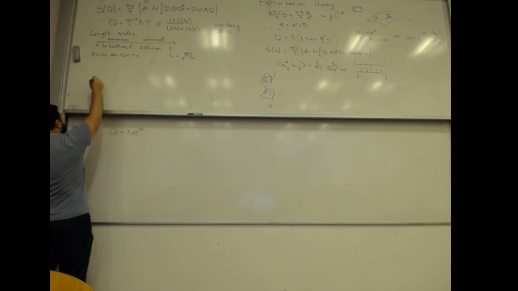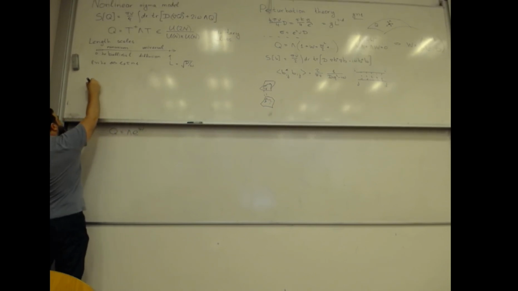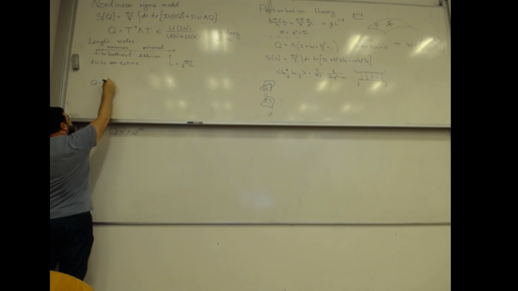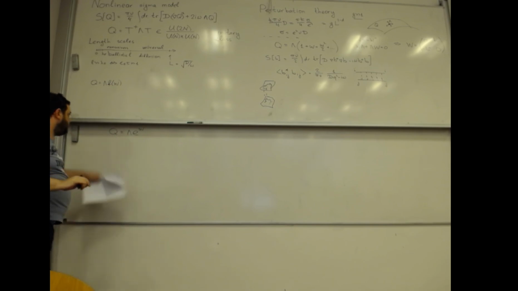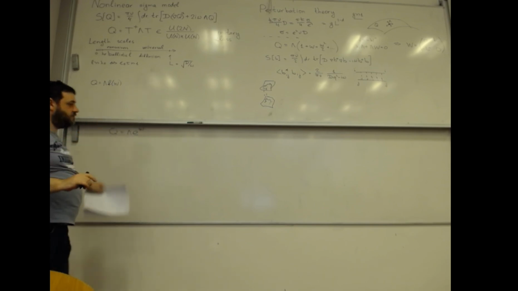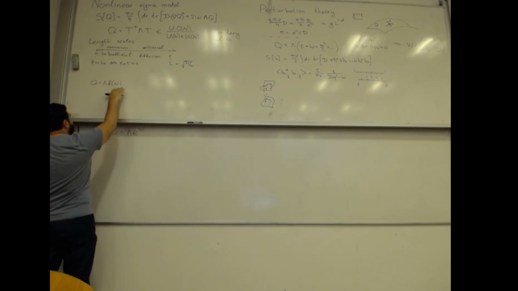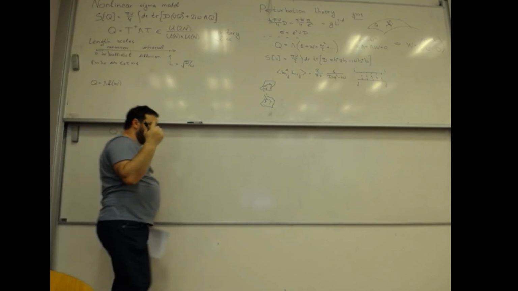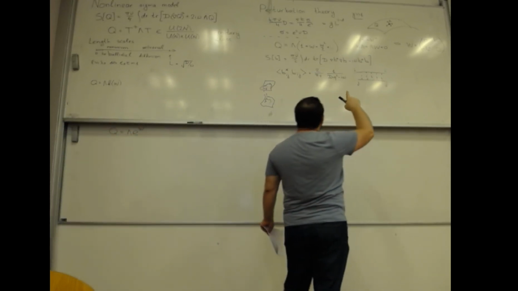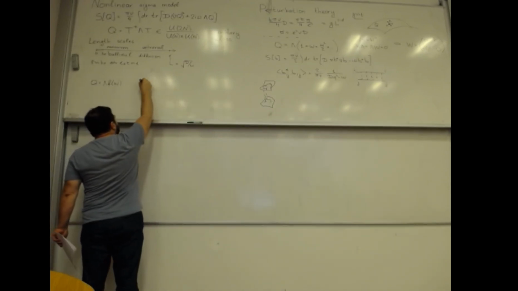In general, we say that our Q matrix is lambda times some function of W. It might be an exponential function, but I will tell you right now that there are more possibilities than that. So lambda times a function of W should have a certain property: Q squared should be equal to 1.